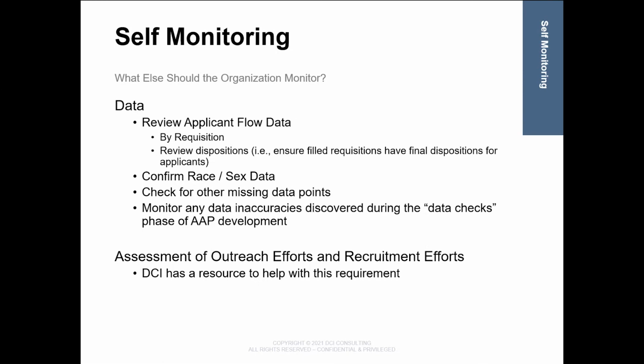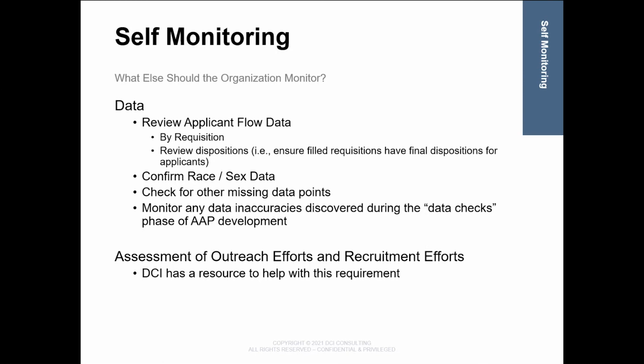Check for other missing data points that will be necessary for analysis. And monitor any data inaccuracies discovered during the data checks phase of the affirmative action plan development. Engage in more frequent checks of the data, and this will make for a smooth and seamless annual affirmative action plan process.